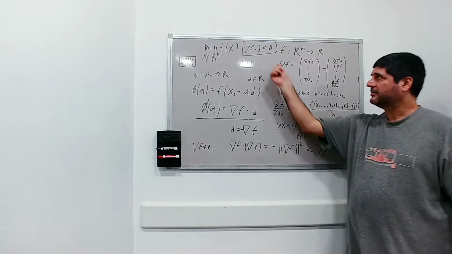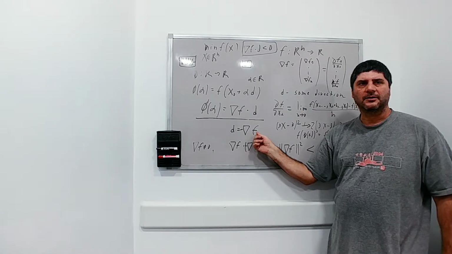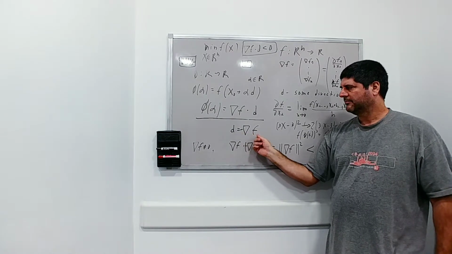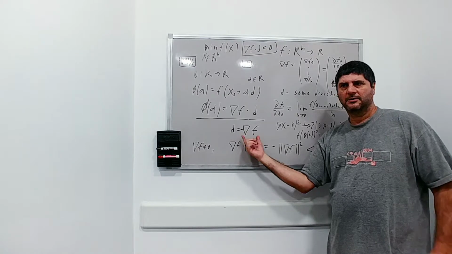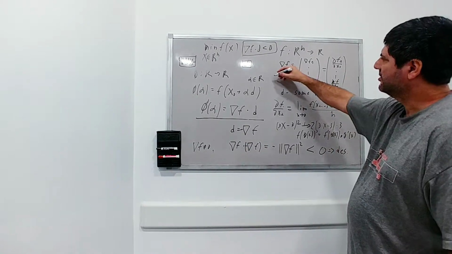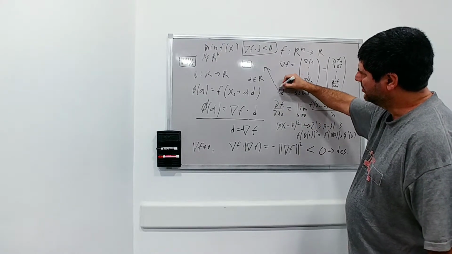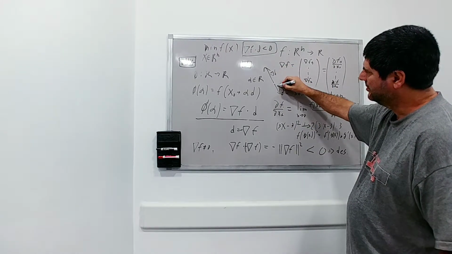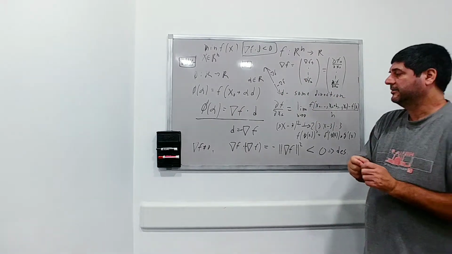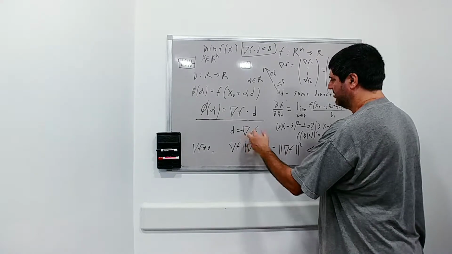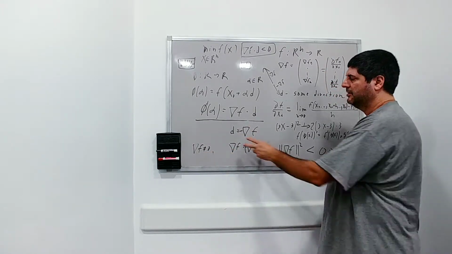Now, in addition to that, if we take this specific vector, if the gradient is going this way, this vector is going to go this way. So if this is the gradient, this is our new direction, assuming the gradient doesn't go to 0 at the point.